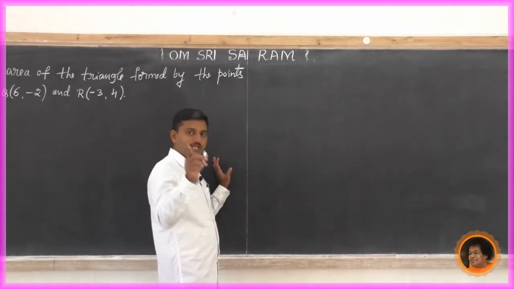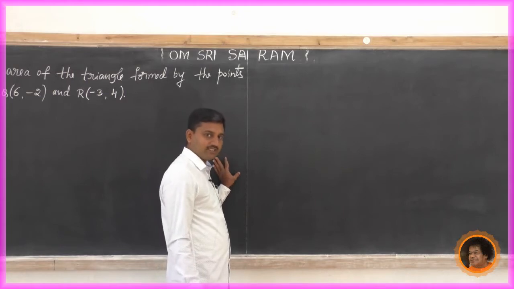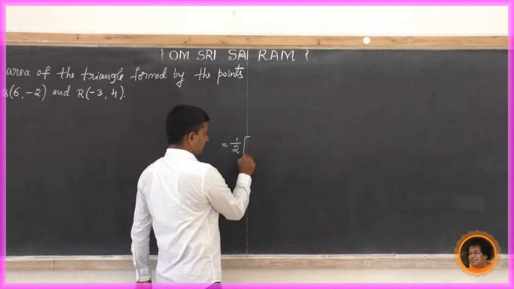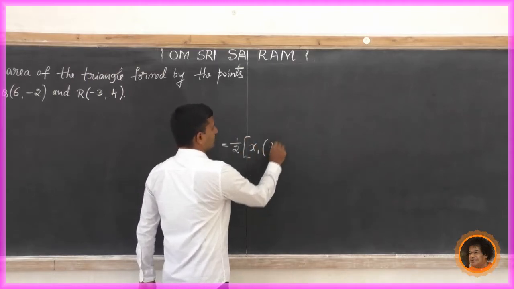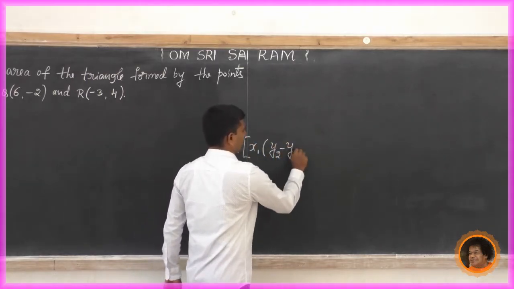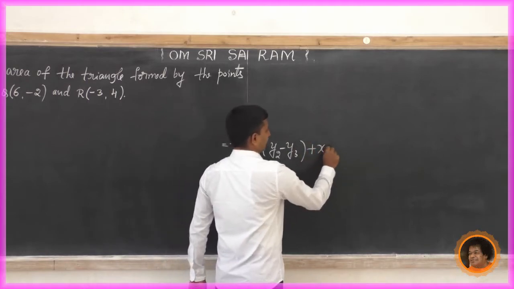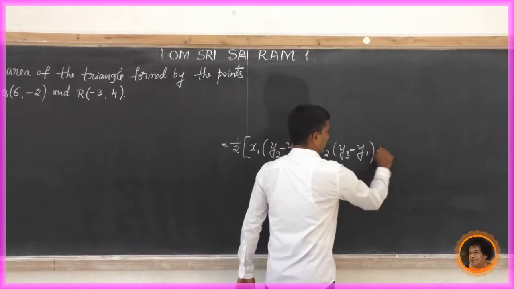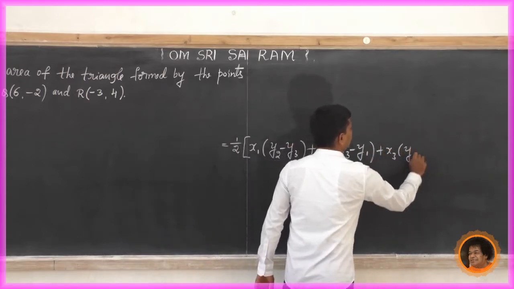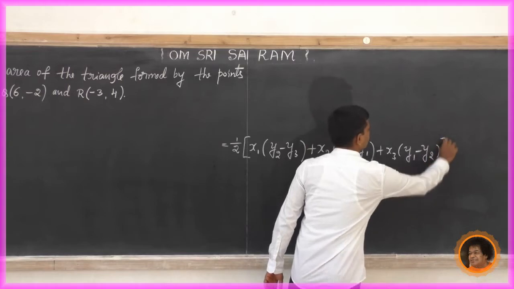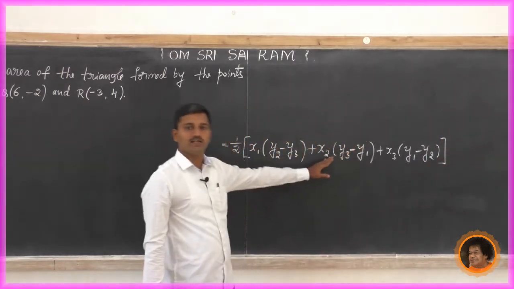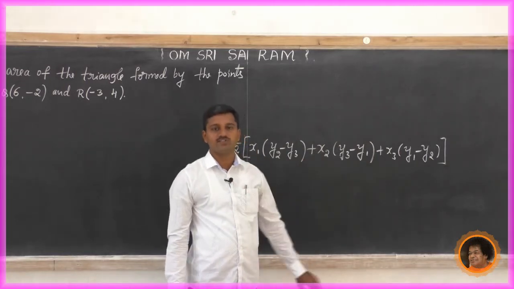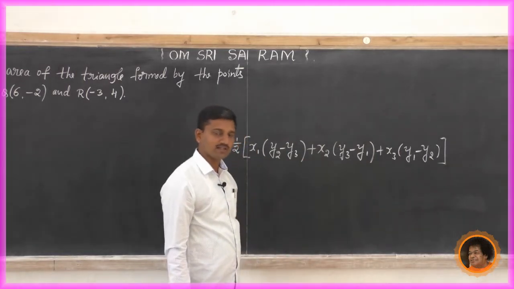The area of a triangle equals half into x1 into y2 minus y3 plus x2 into y3 minus y1 plus x3 into y1 minus y2. Using this formula, we can find the area of a triangle if the three coordinate points are given on a Cartesian plane.